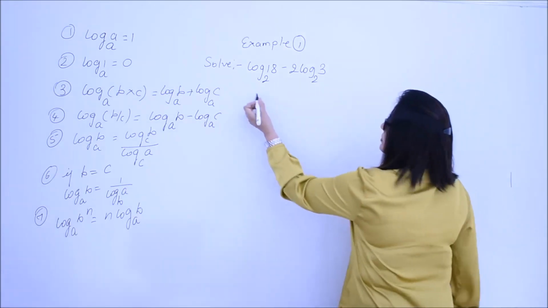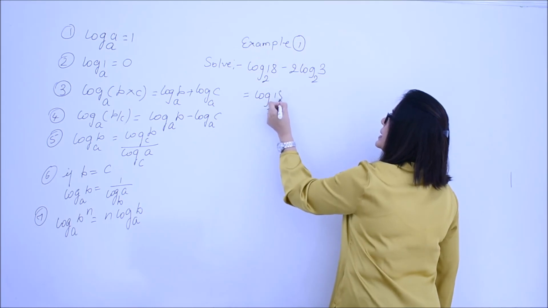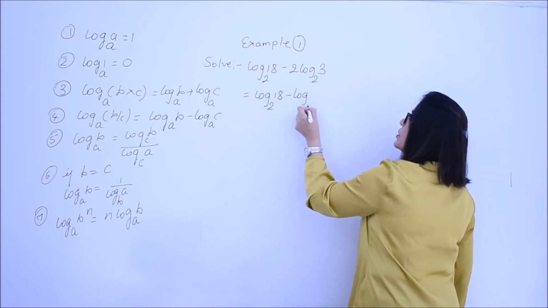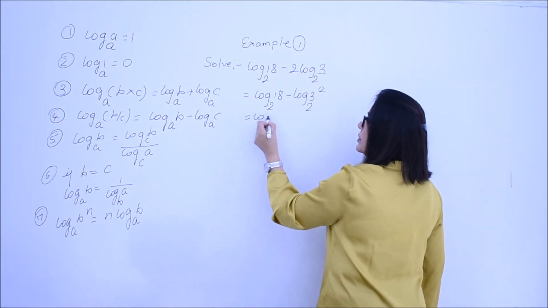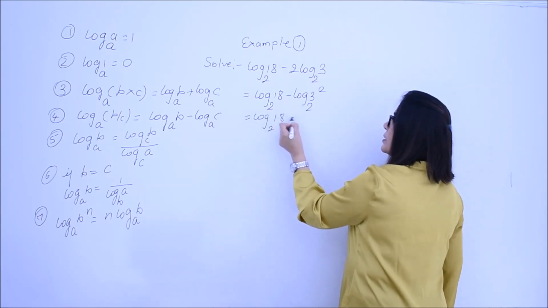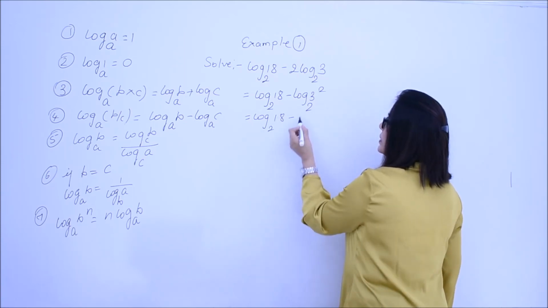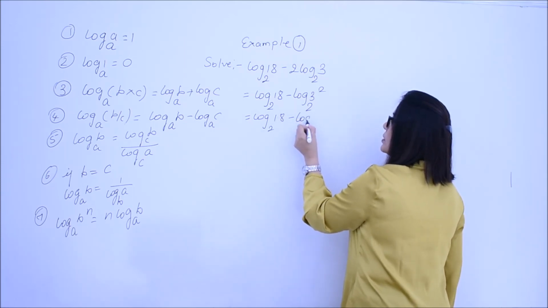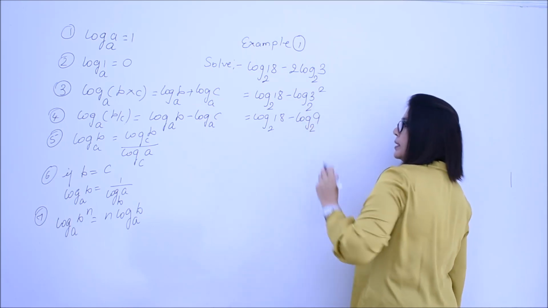So log to the base 2 of 18 minus log base 2 of 3 square, and that further gives me log to the base 2 of 18 minus log base 2 of 9.